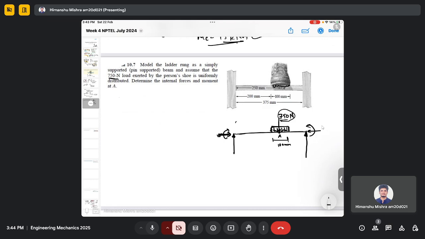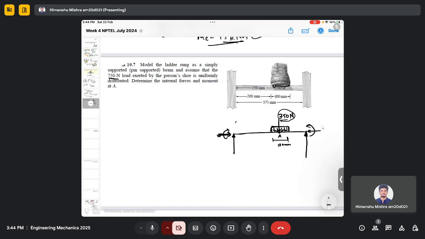So if the force was at a tilted angle, this whole problem would be indeterminate, right? Because six unknowns would be there. Right now, since the 750 Newton is acting vertically downward, there is no reaction on the horizontal side at all. But if it was tilted, that would make it indeterminate.